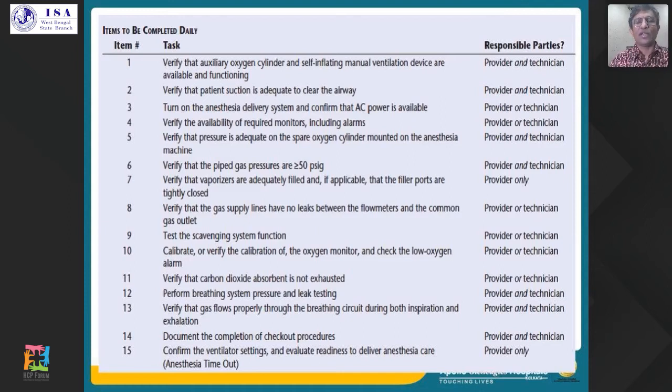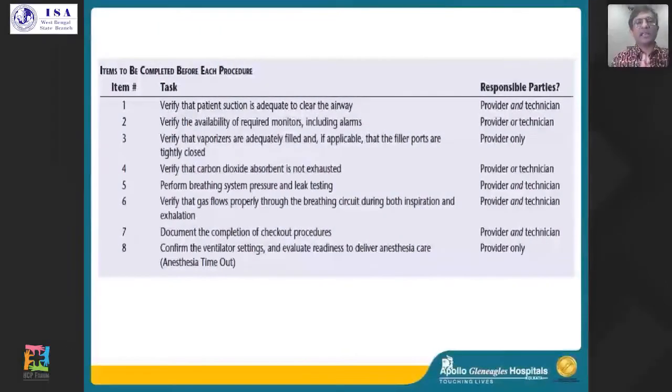The cylinder pressures, the pipeline pressures, this is at the beginning. There are certain things that you need to do before each and every patient that you attach to the anesthesia machine: the suction, the monitors, alarms.